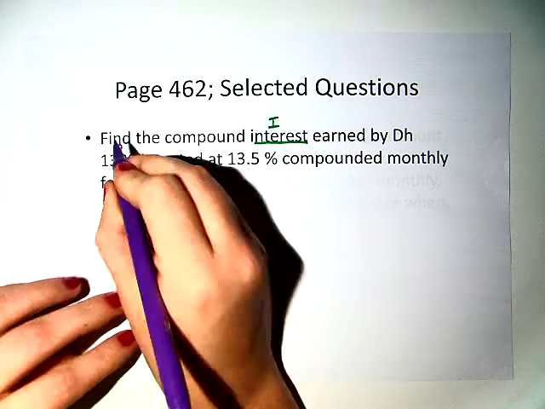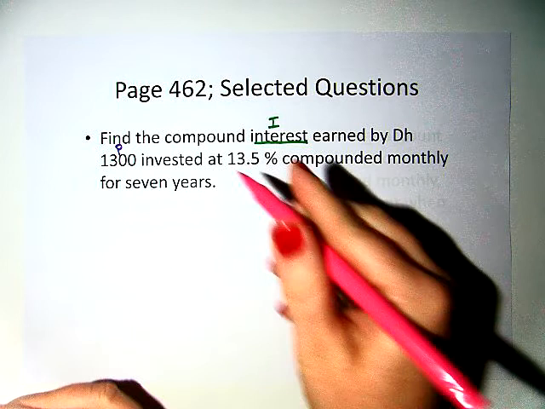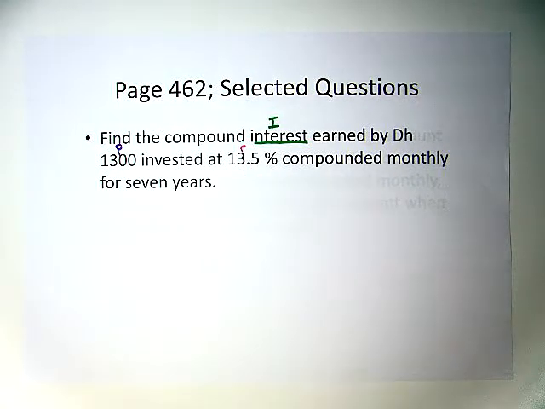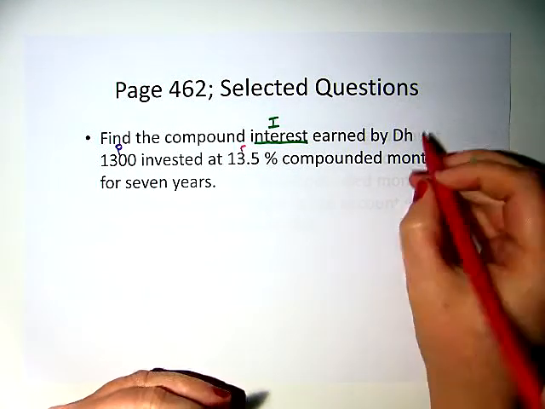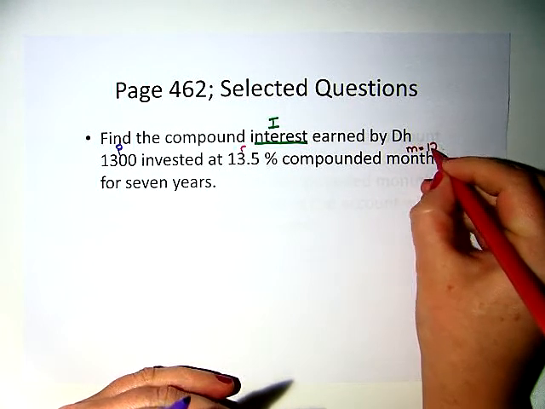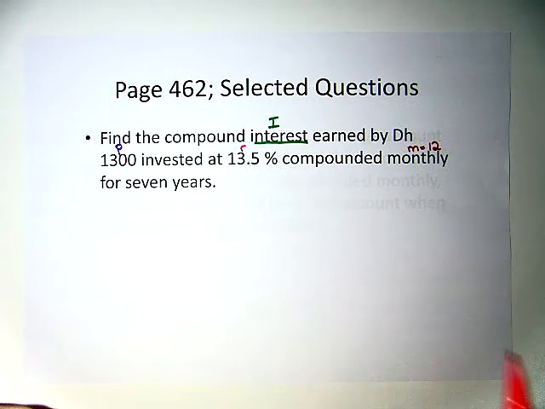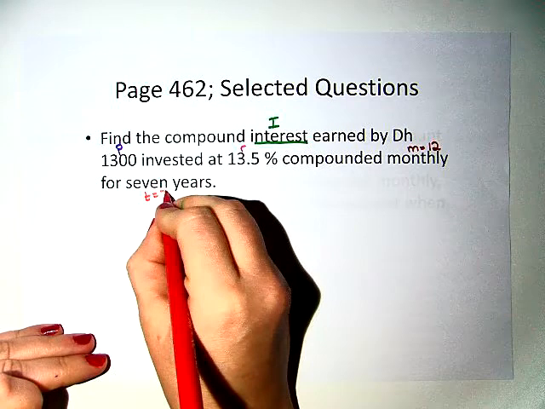So this is my principal, this is my rate, and it's compounded monthly. So our M is 12 for 7 years, so T is 7.